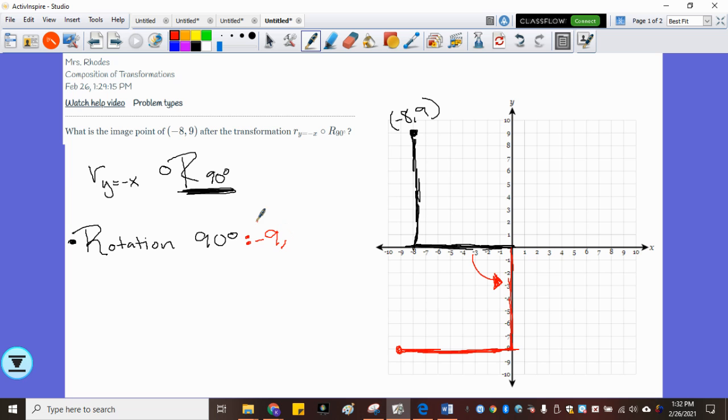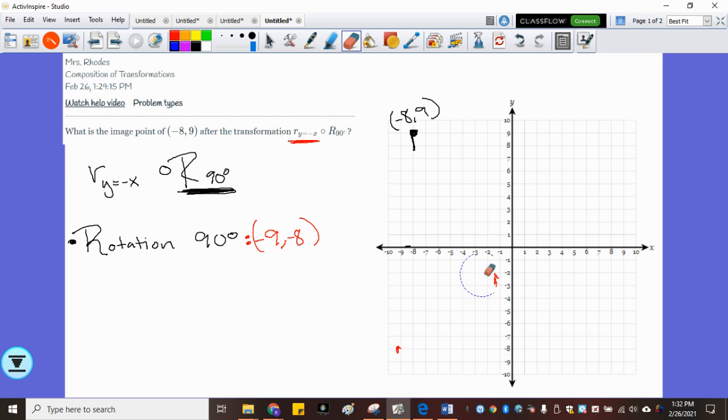Negative 9, negative 8. And then you're going to reflect it.